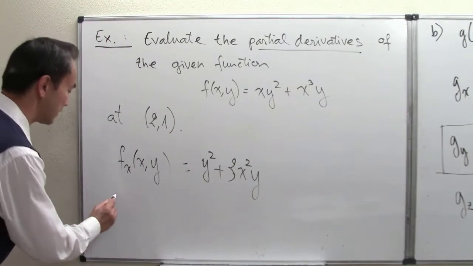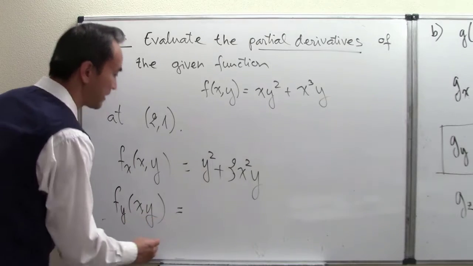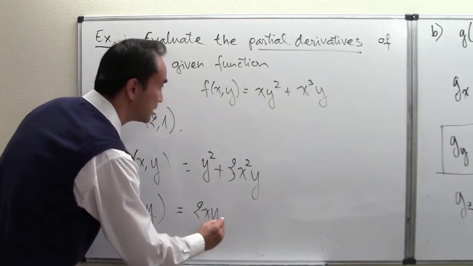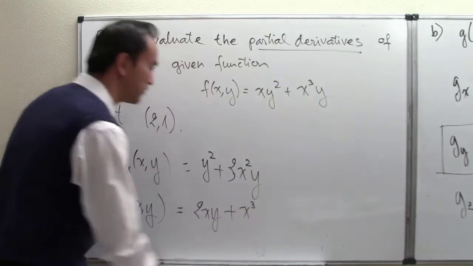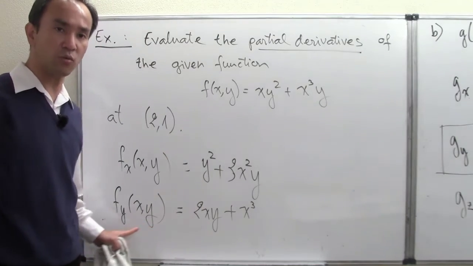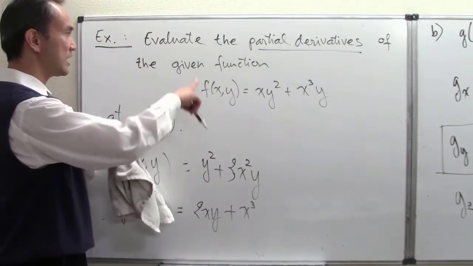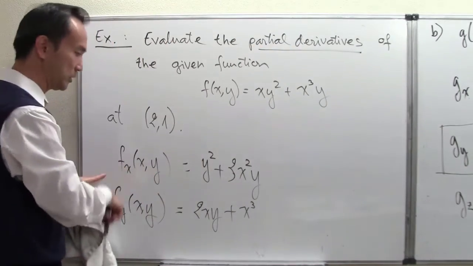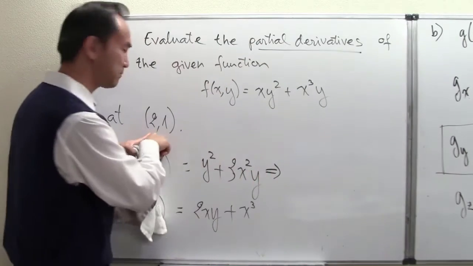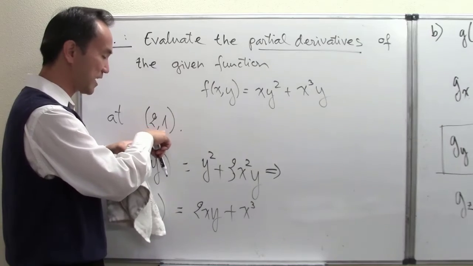And then f sub y, which we found earlier in the demonstration example on this function, was 2xy plus x cubed. But in the end, we didn't have a value because it was just a general expression. So now we have 2 partial derivatives. That means for this example, I want to substitute this particular point on the x and y floor, 2 comma 1, 2 for x, 1 for y.